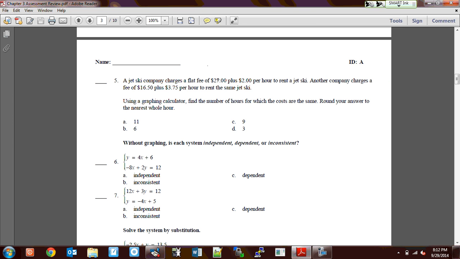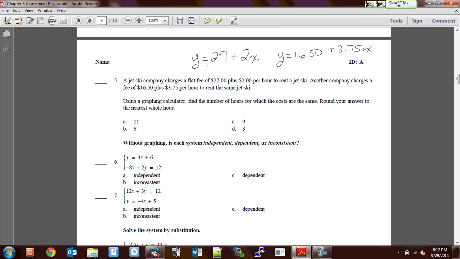So let's look at company number 1. We know we're going to be graphing lines, so y equals, they charge a flat fee of $27 plus $2 per hour. So let's use x to represent hours. So here's our first equation. Let's look at our second one. Y equals, another company charges a flat fee of $16.50 plus $3.75 per hour.